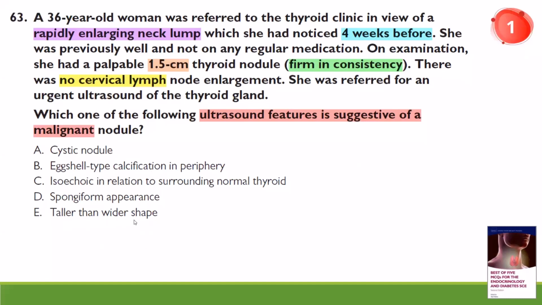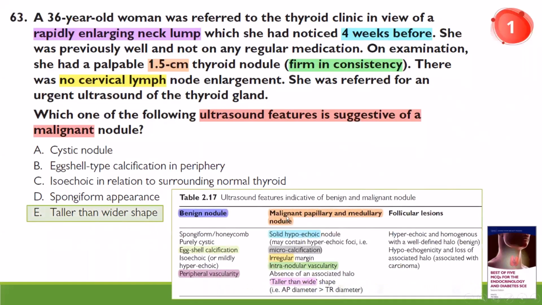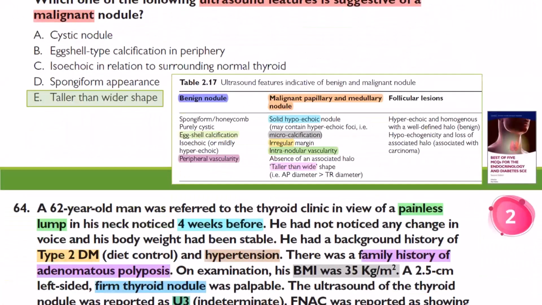Taller than wide shape is a malignant feature. So the malignant features are: solid hypoechoic nodule, microcalcification, irregular margin, intranodular vascularity, and taller than wide. Taller than wide is one of the malignant features for papillary or medullary thyroid carcinoma.